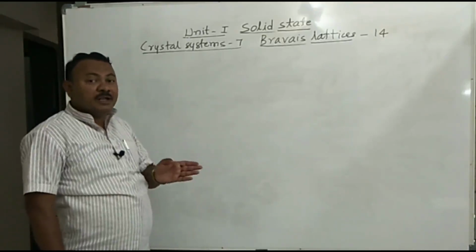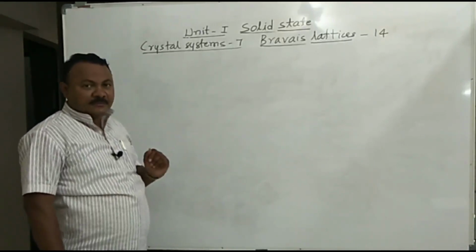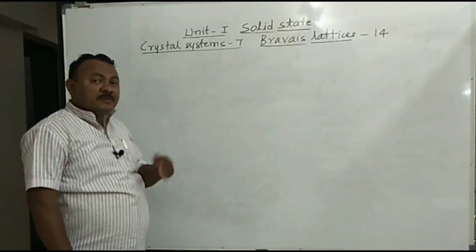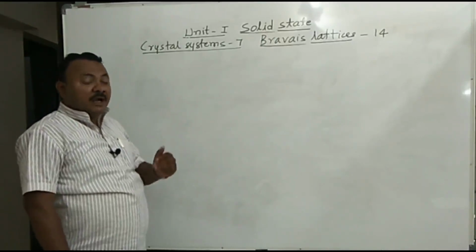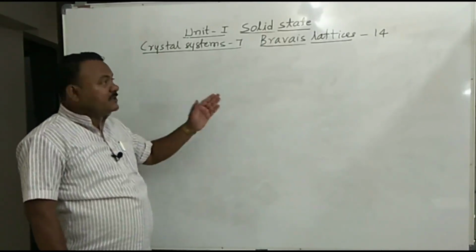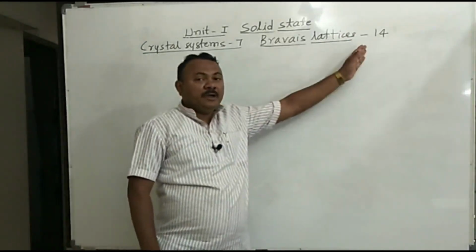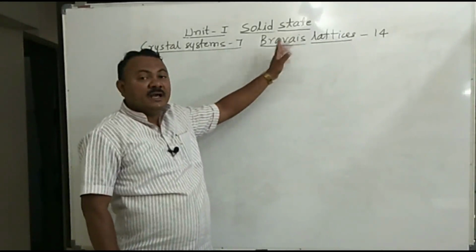You know the meaning of simple unit cell? Unit cell with particles only at the corners. Apart from this, some crystal systems contain centered unit cells, and when we find such unit cells in all 7 crystal systems, we get 14 different types of unit cells. They are called Bravais lattices.